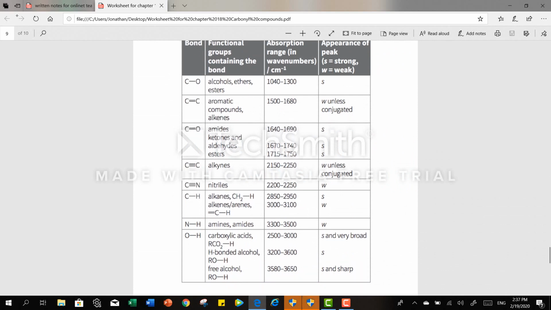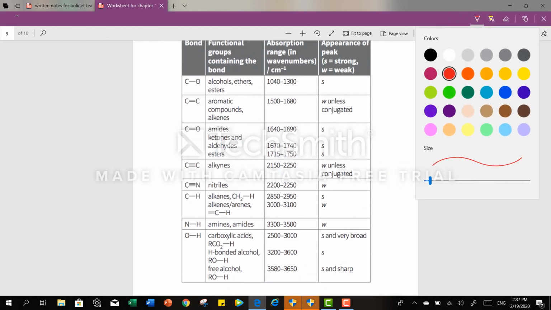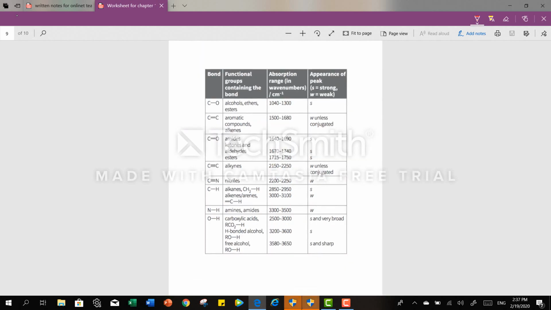Now, can you see, this will be given in the exam. This one is in your data booklet. Okay, you don't have to remember anything. Normally, this is very important and this is very important. Now, the unit is cm-1.